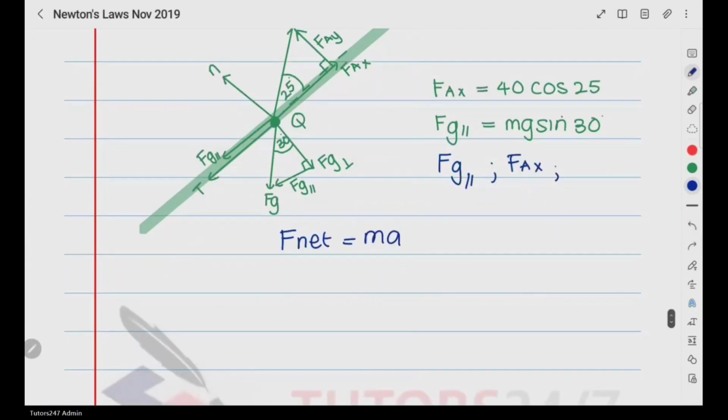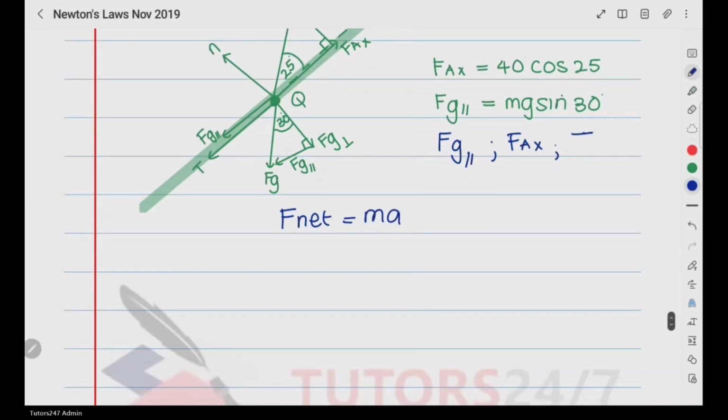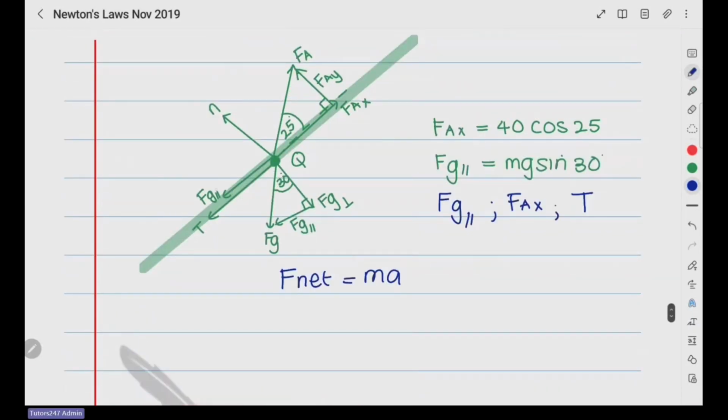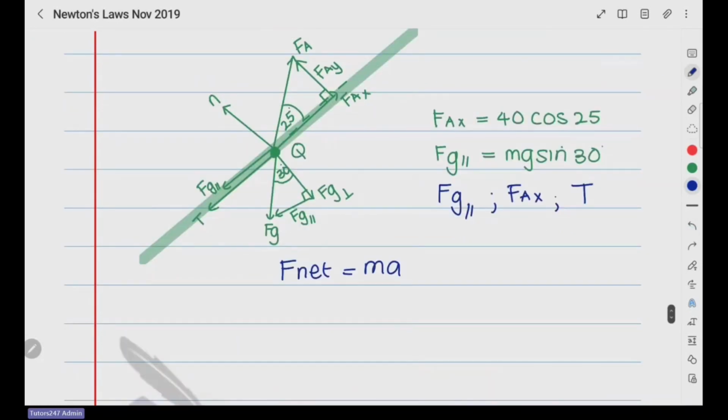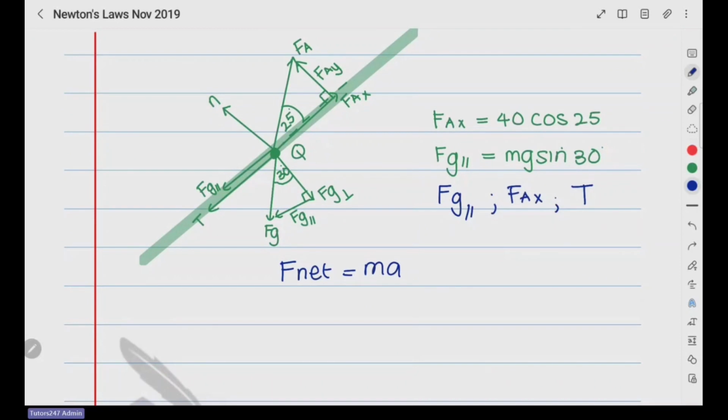It's also tension. So we can see everything moving along this line is Fg parallel, tension, and FAX. So we have to include all three of them. So which one's a positive between tension, FAX, and Fg parallel? FAX is positive, the rest are negative.